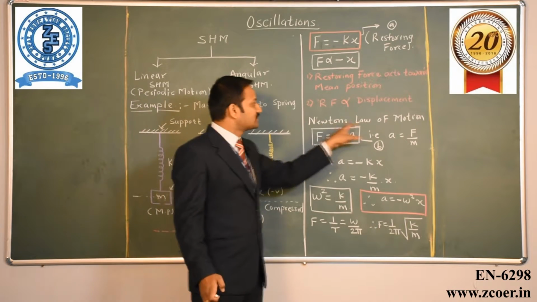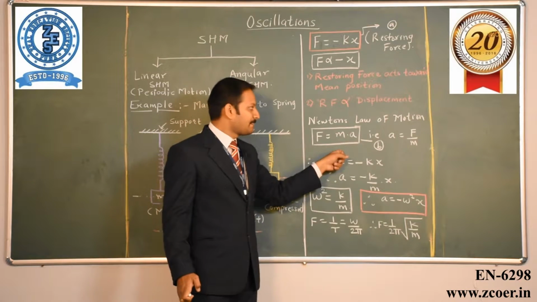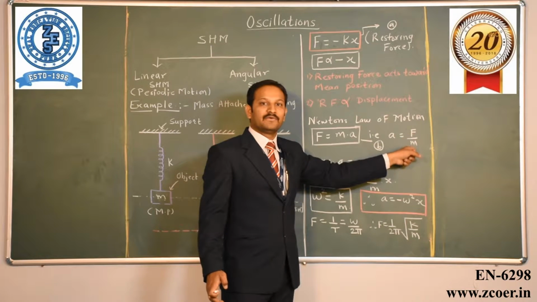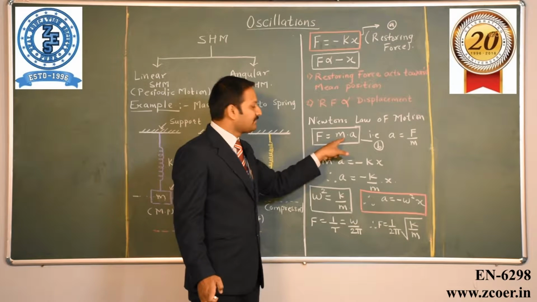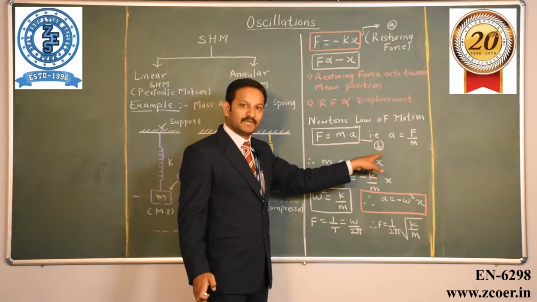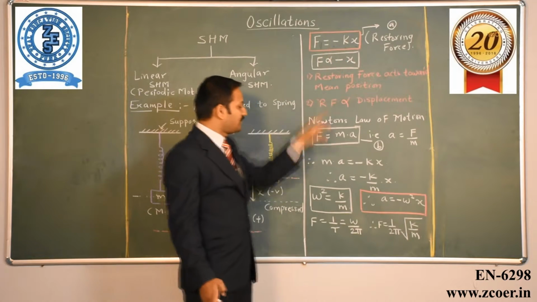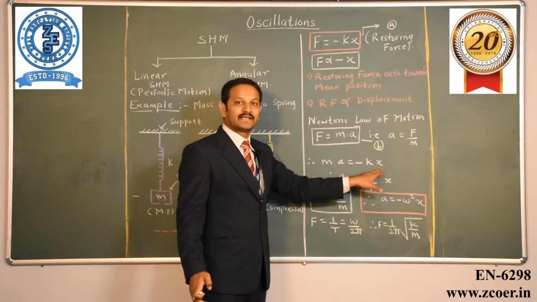Now according to Newton's law of motion, we have F equals ma, so acceleration equals force per unit mass. Let this equation be B. We put equation B in equation A. What you will find is ma equals minus kx.